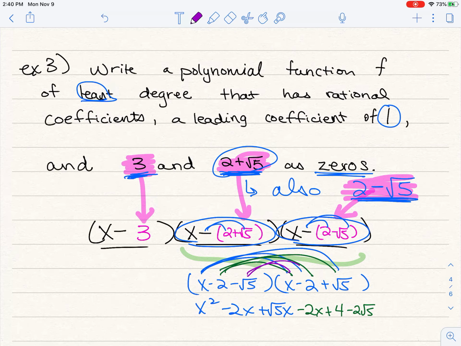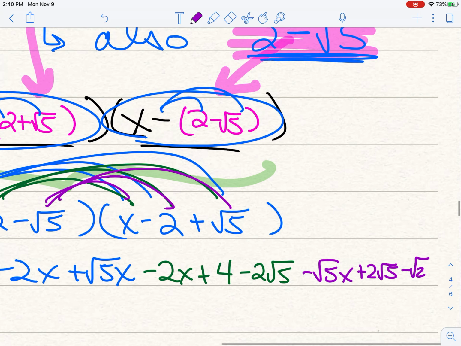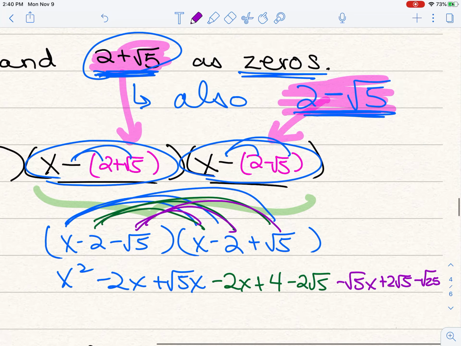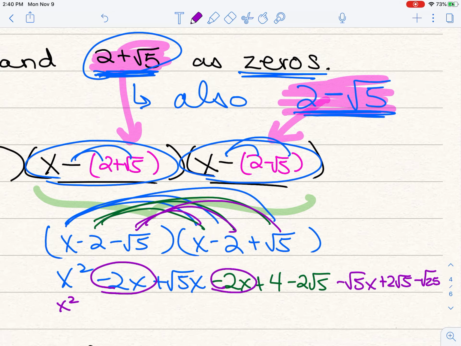And our last one, we go root 5 to every term in here. We get negative root 5 x, positive 2 root 5, and negative the root of 25.